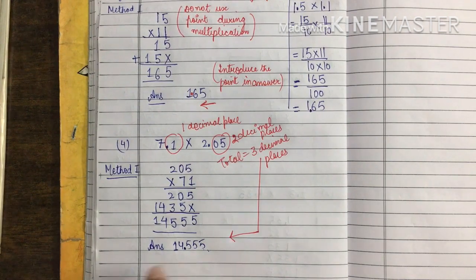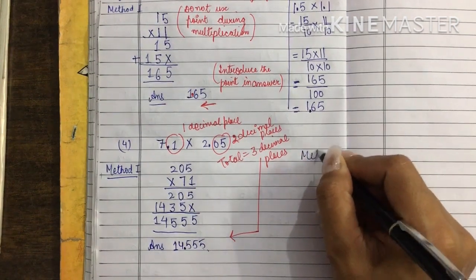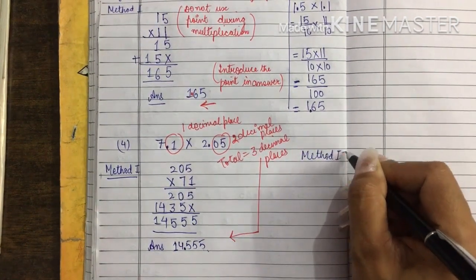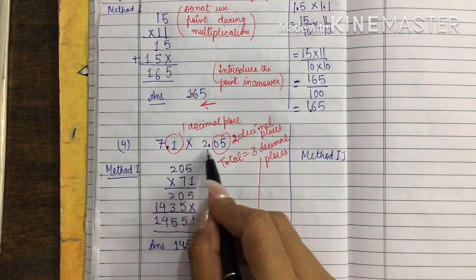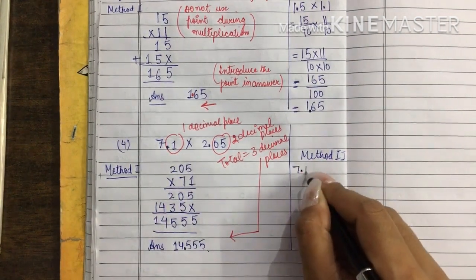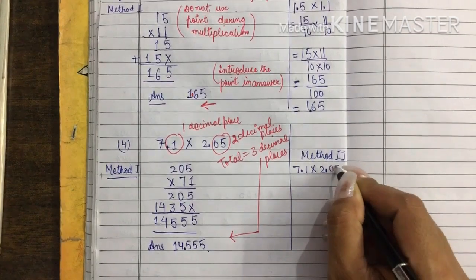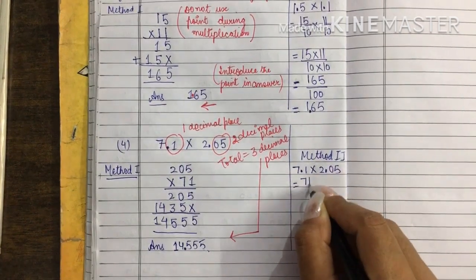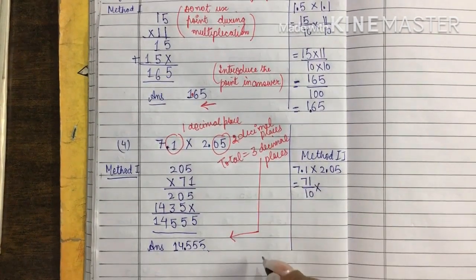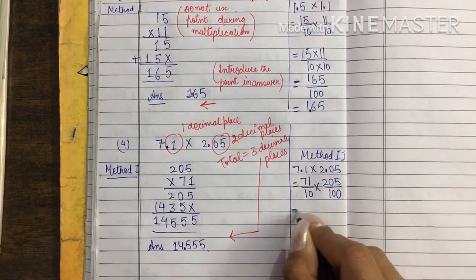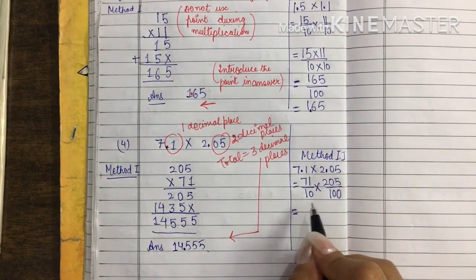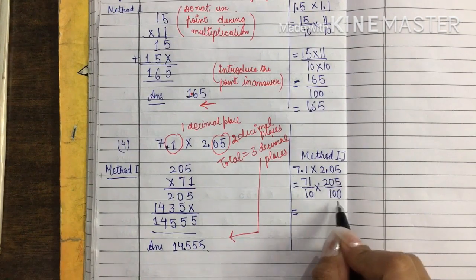Now let us do the same question using fractions, meaning with the second method. So what I have to do is write both numbers as fractions, 7.1 and 2.05. So this will be 71 over 10 into 205 over 100. No cutting, because I don't want to change this 10 and this 100.